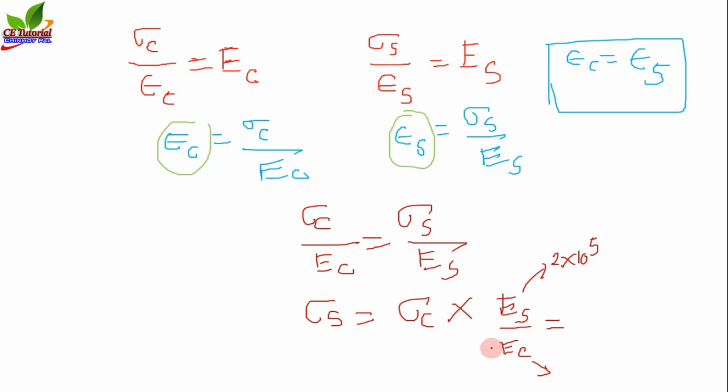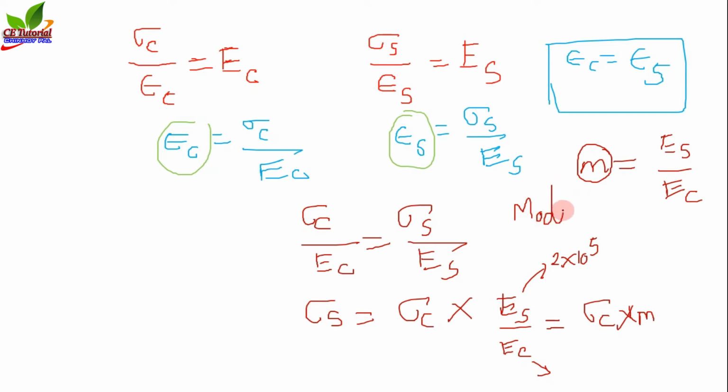Now you can say sigma S equals sigma C multiplied by m, where m equals ES by EC. So this m is called modular ratio.